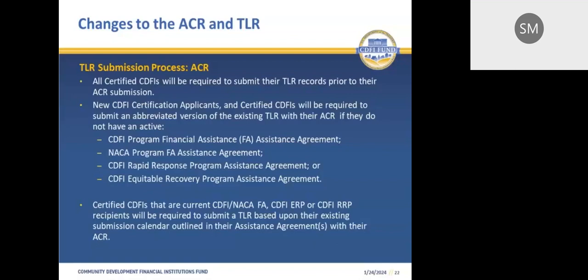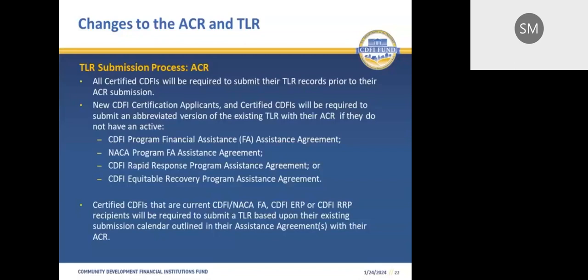Similar to the certification application, the type of TLR that is submitted with their ACR varies based on whether a certified CDFI has an active assistance agreement for a financial assistance award from either the CDFI Program, NACA Program, CDFI RRP, or CDFI ERP. If there is an active assistance agreement for the programs that were just named, then the certified CDFI completes the full-length TLR.